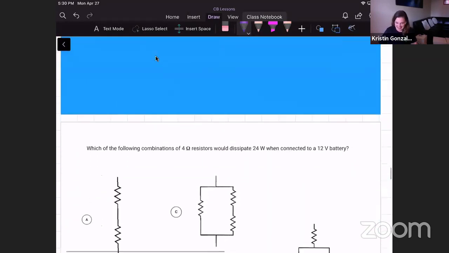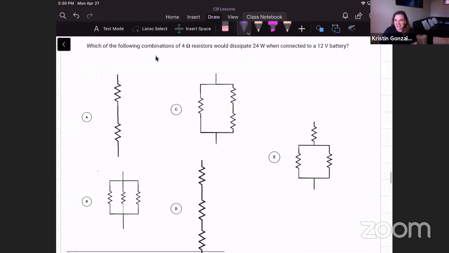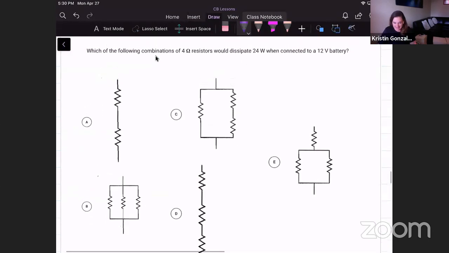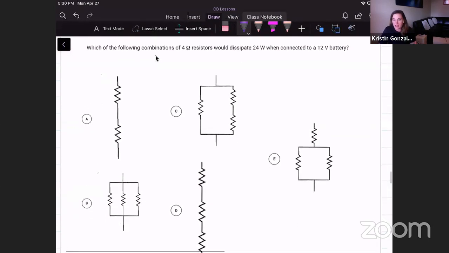Okay, so let's look at this question right here. We have some different arrangements of resistors, and we want to know which one of these would dissipate 24 watts when connected to a 12-volt battery. They all have the same resistance. They're all 4 ohm resistors.